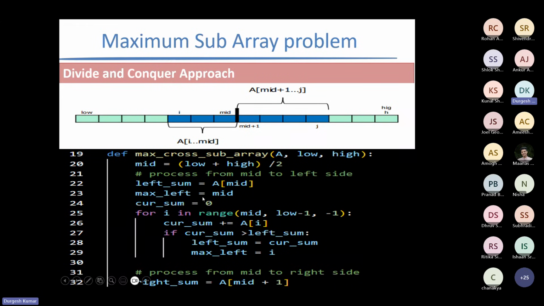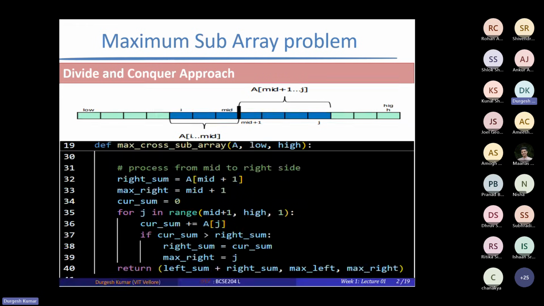Next, we repeat the same process on the right side. So right sum equals A[mid plus 1], max right equals mid plus 1, current sum equals 0. Similarly, for j in range mid plus 1 to high with increment of 1, current sum plus equals A[j]. If current sum is greater than right sum, right sum is updated as current sum, and max right is updated as j.